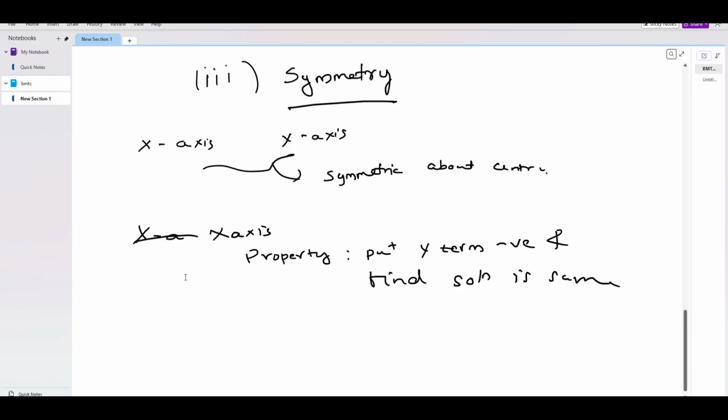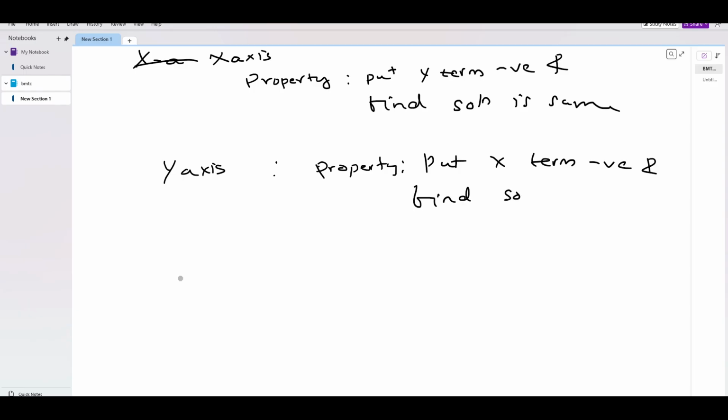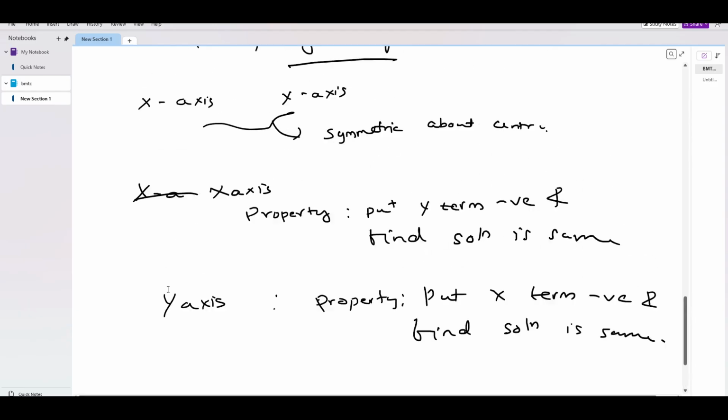For the symmetry of y-axis, the property is put x term negative and if the solution is same.